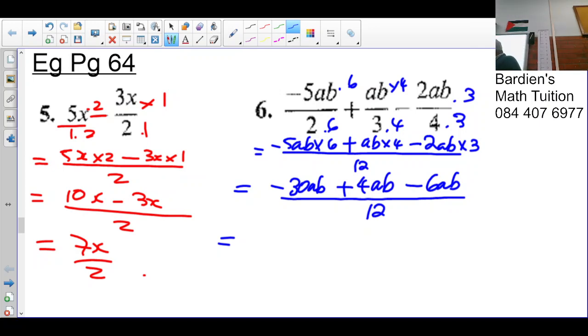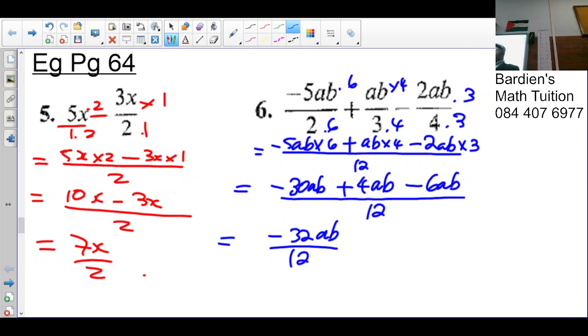I want to first know what is negative 30 plus 4. Nice. Negative 26 minus 6. Nice. So it can be negative 32. So negative 30AB plus 4AB is negative 28AB. Minus 6AB is negative 32AB over 12.